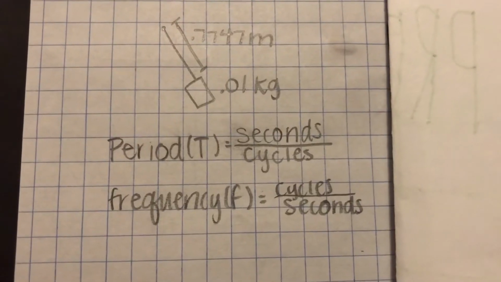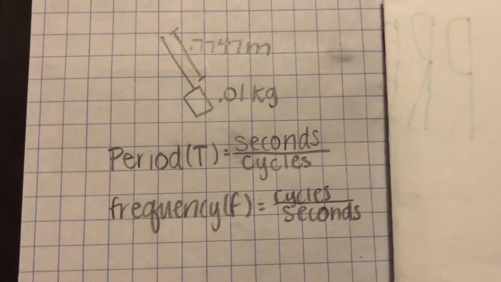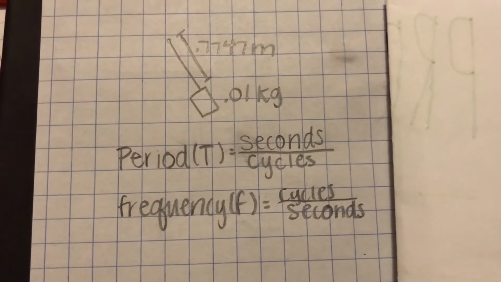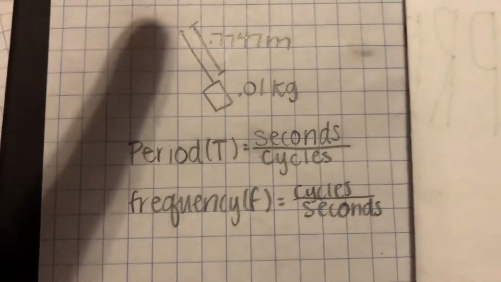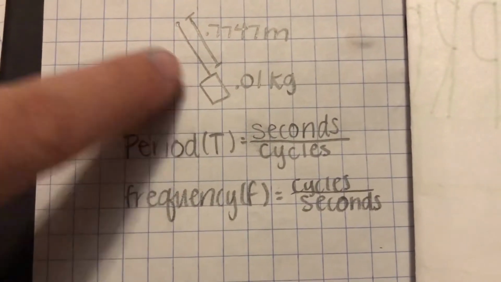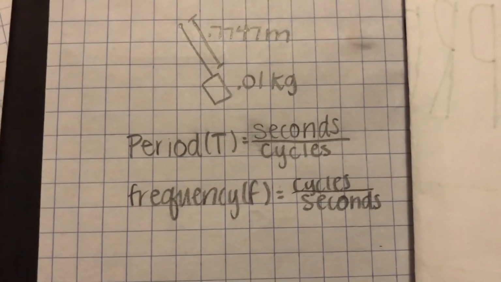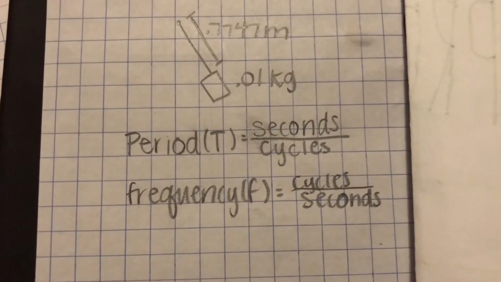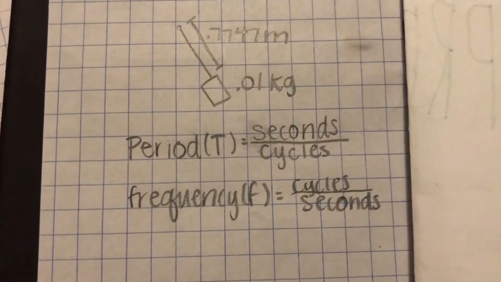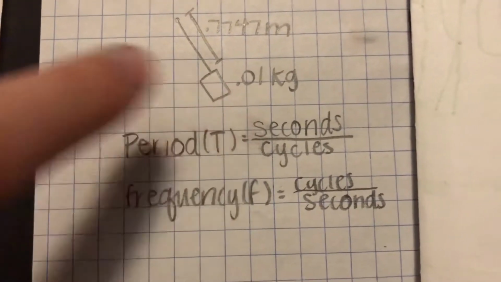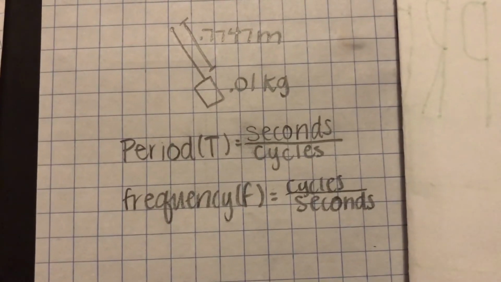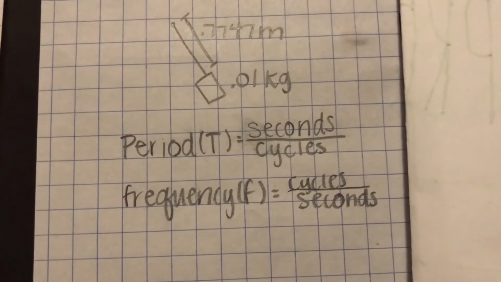So I decided to conduct an experiment to see if I could predict the frequency and period of one of the graphs we just discussed. For my string length, I had 0.7747 meters, which is about 30 inches. And then I had a mass of 0.01 kilograms, or about 0.02 pounds.